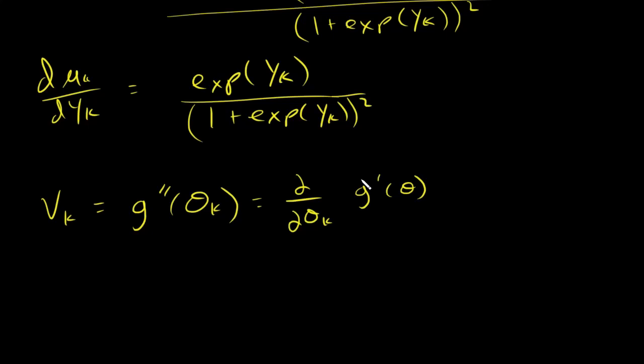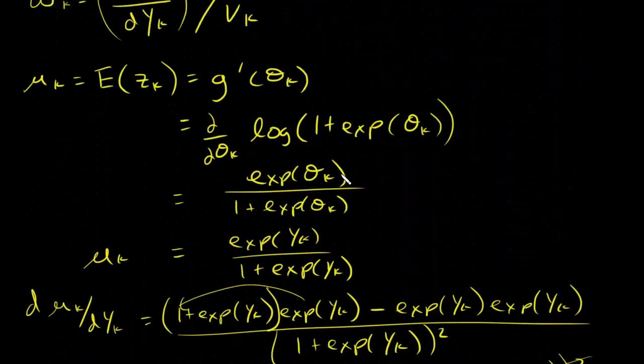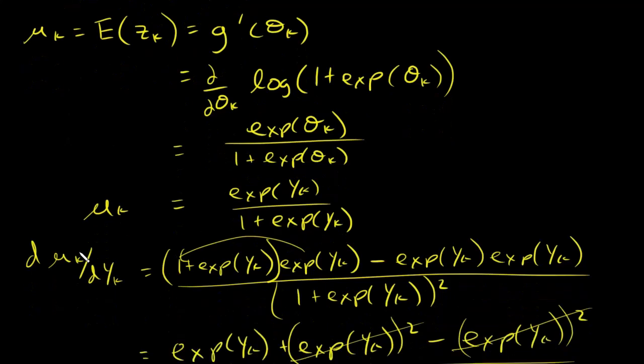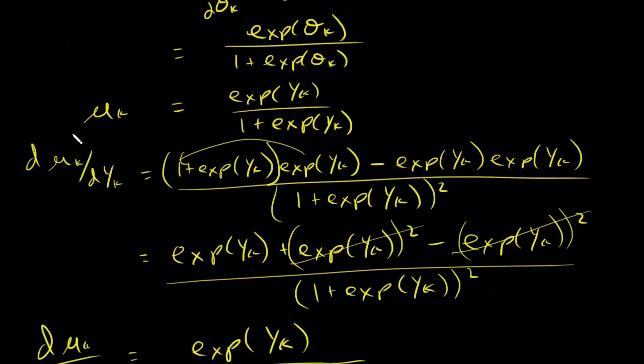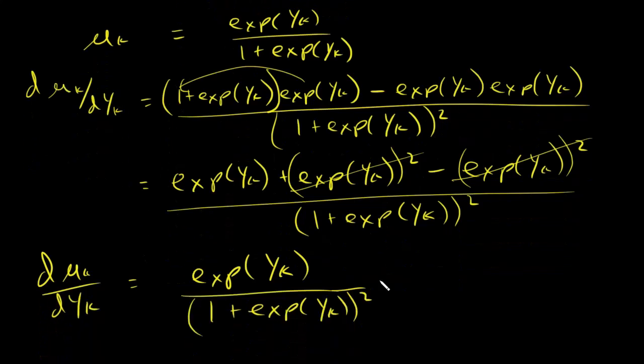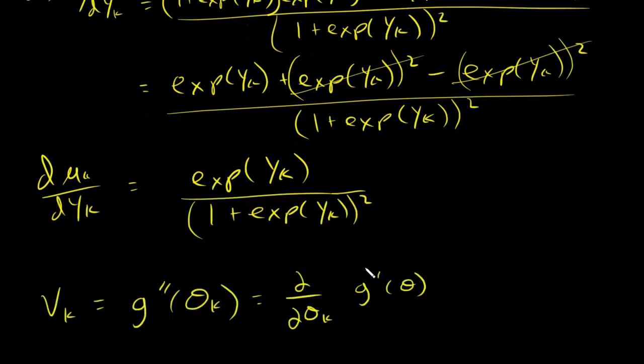So we already found the first derivative. Let's go back up. Right, we found the first derivative right here. Then we found the second derivative basically, but we replaced the y's with k's, right? But we basically found the second derivative when we took the derivative again right here. So what is v? V is going to be exactly equal to the first derivative of mu with regards to y. Okay, so that's kind of nice.